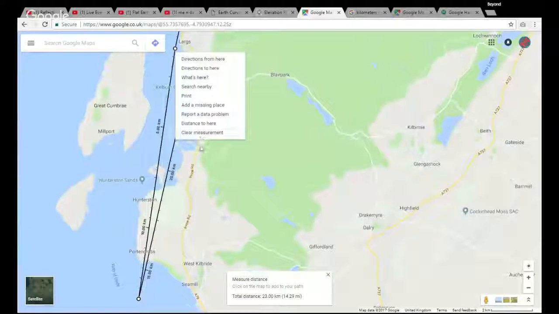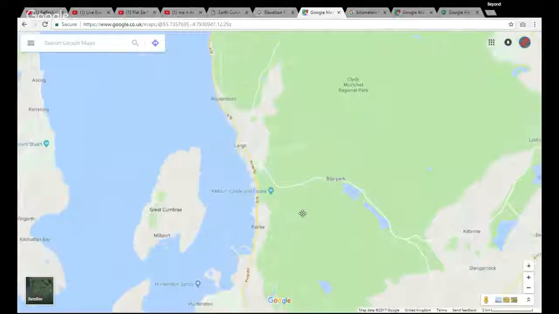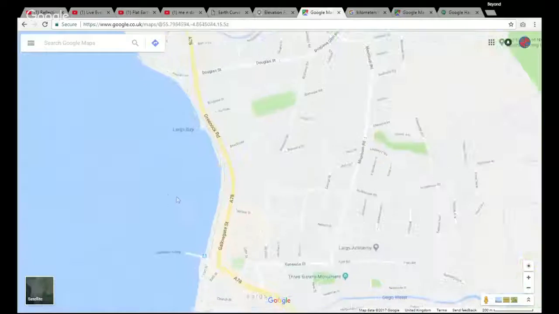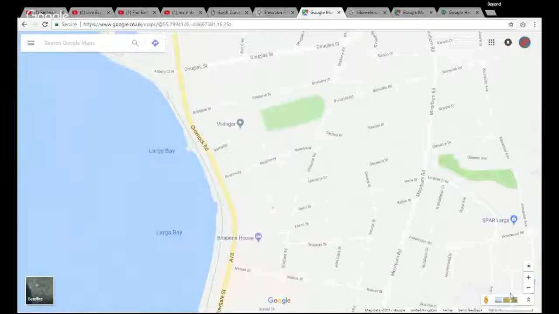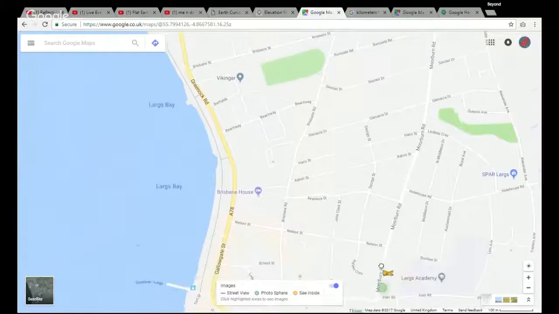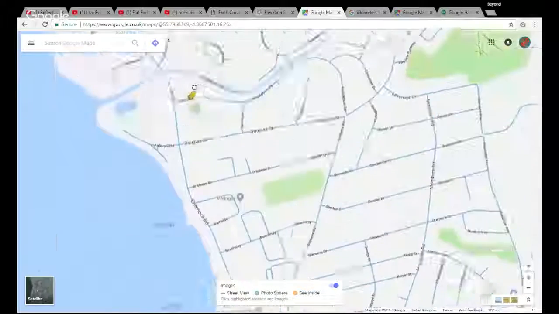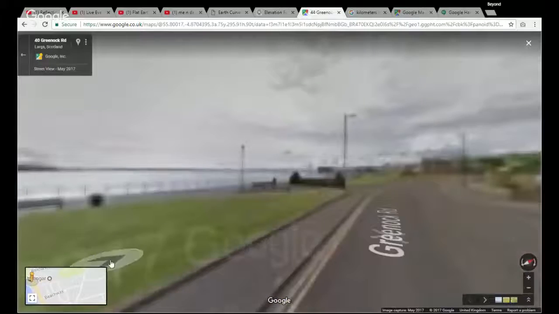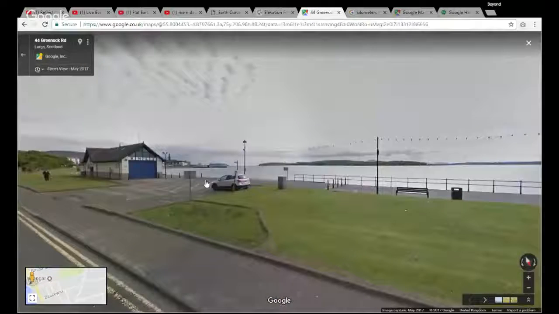So clean measurement. Okay, the first destination, again, I know that people have heard this, but I'm having to go through it again. First destination is here, just at this point here.